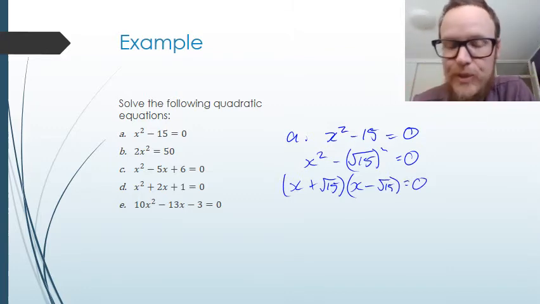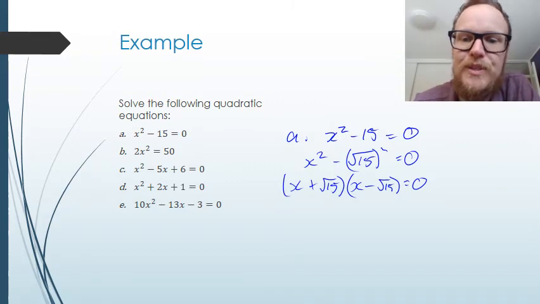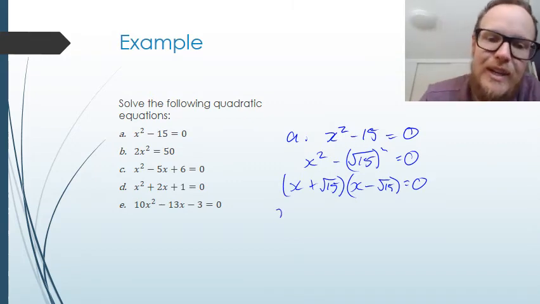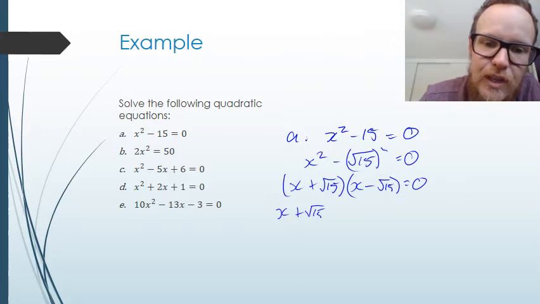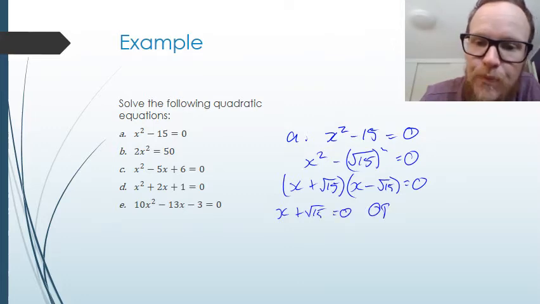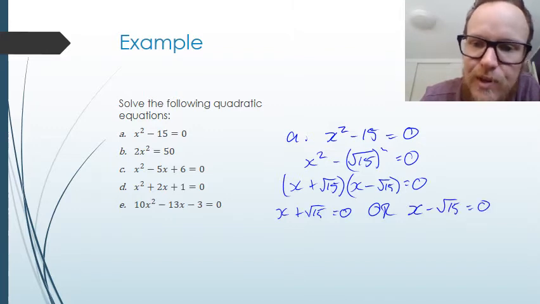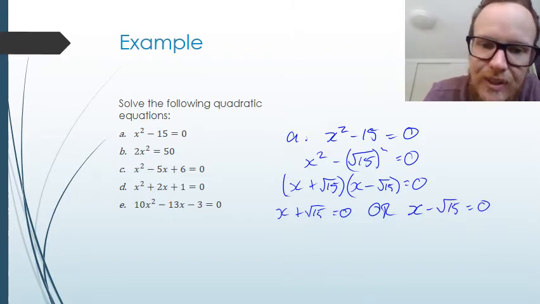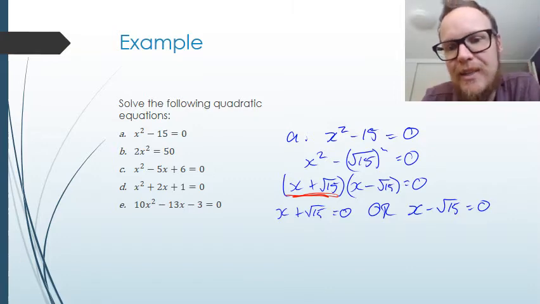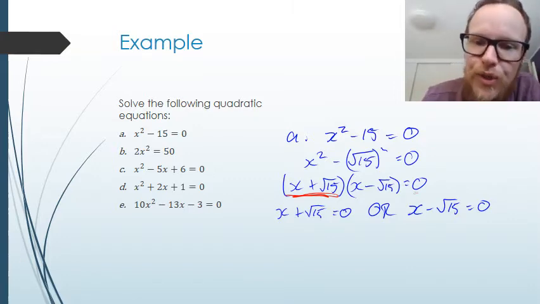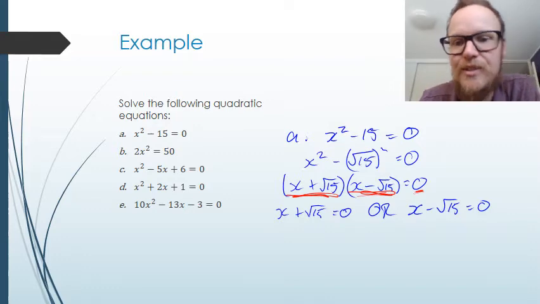Okay, so I've done this as a difference of perfect squares. That means either x plus root 15 equals 0 or x minus root 15 equals 0. Because if this thing could be 0, that'd make the whole thing 0, or this thing could be 0 and make the whole thing 0.